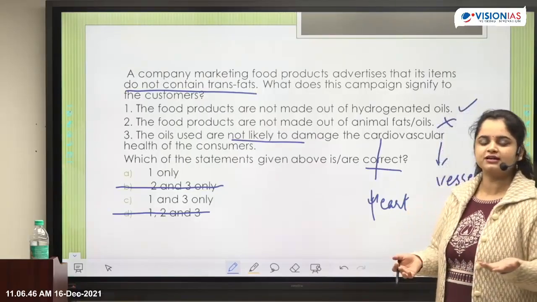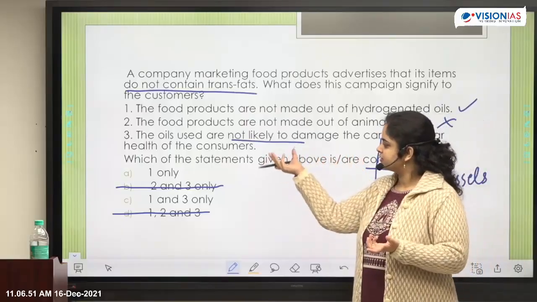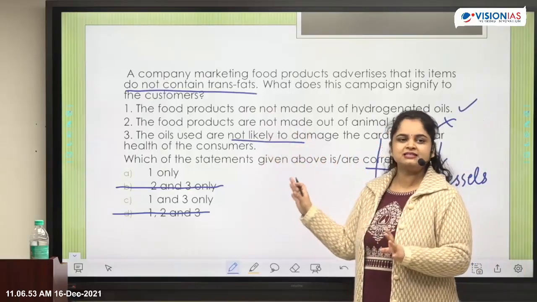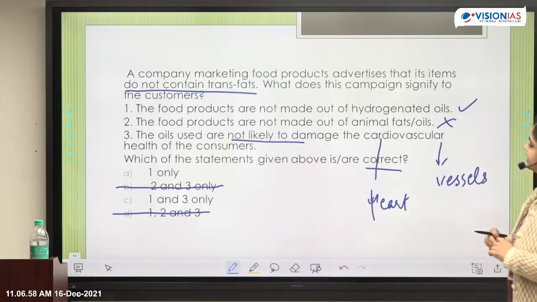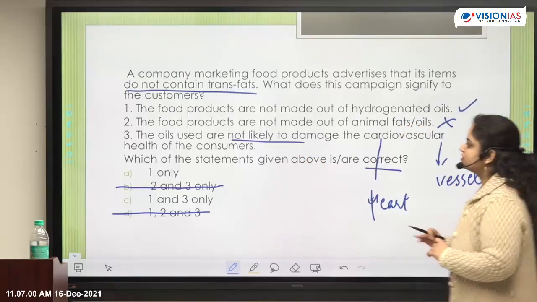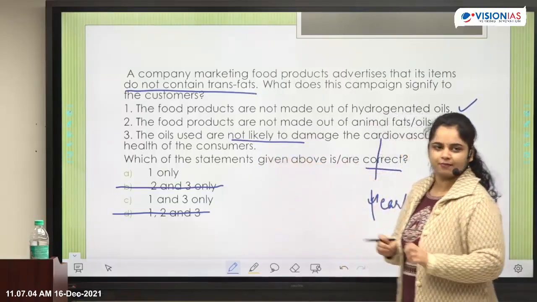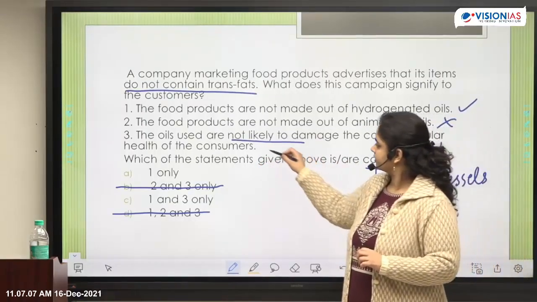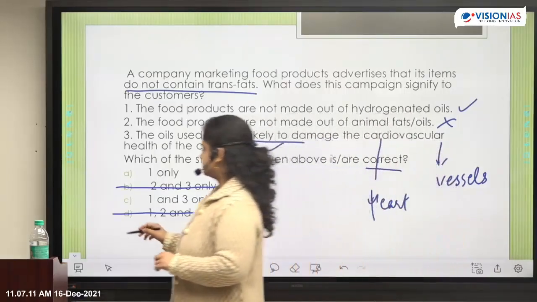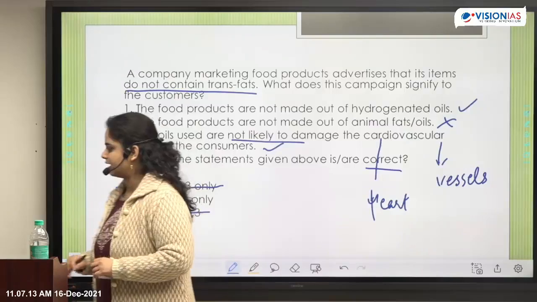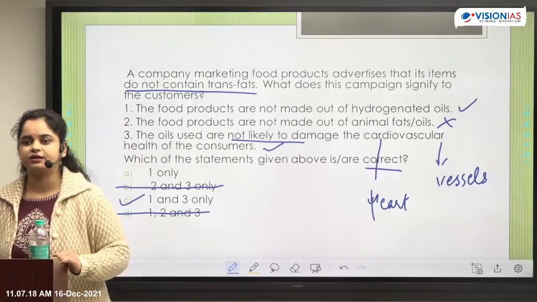Not everybody is going to react the same way. So they have carefully added this to make this statement correct. The oils used are not likely to damage the health of the consumers because we know trans fats, if they were there, would be damaging. So the third statement is correct. Answer is C, 1 and 3 only.